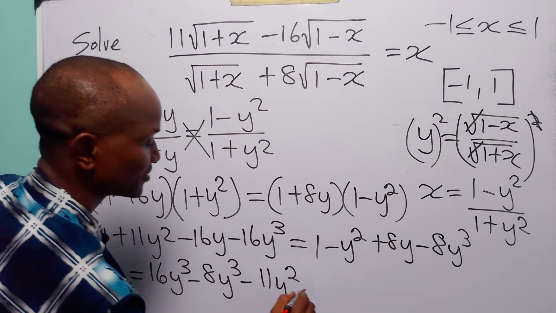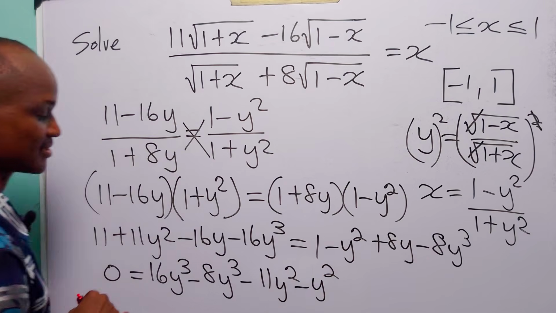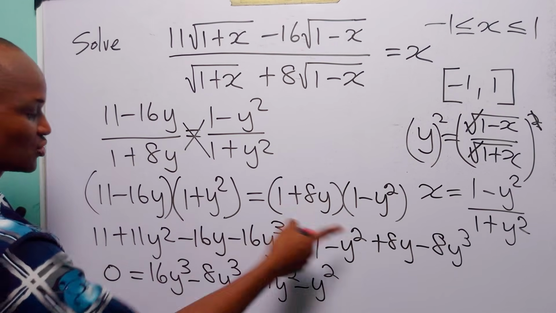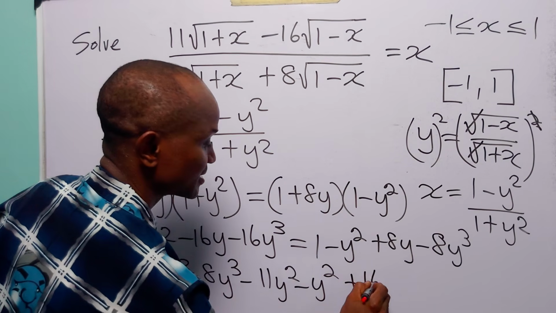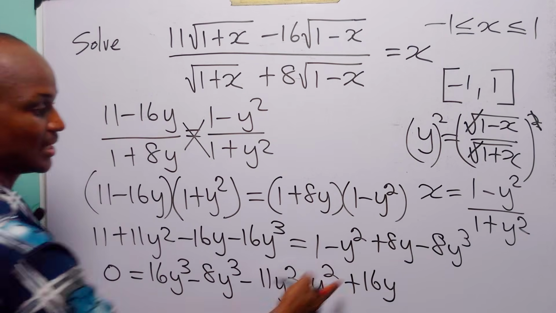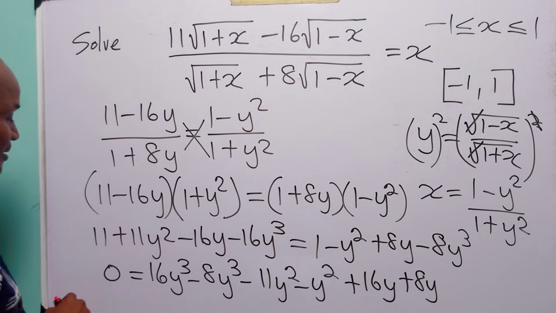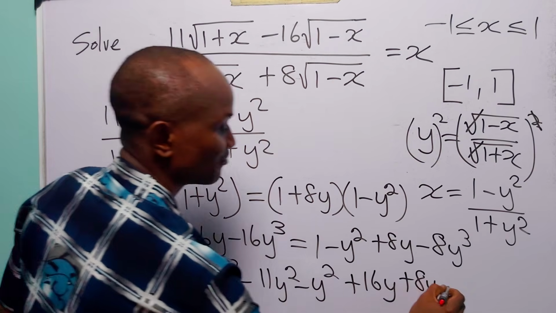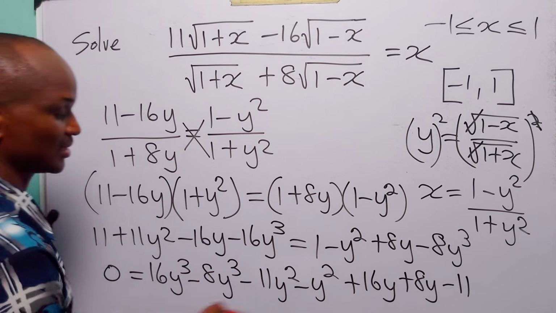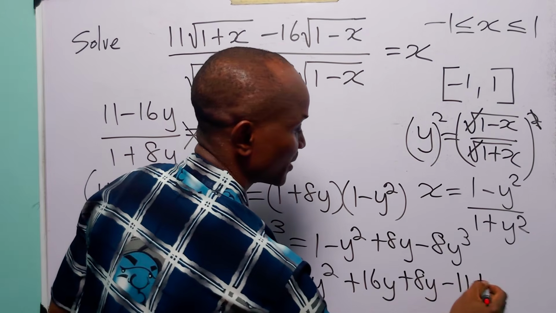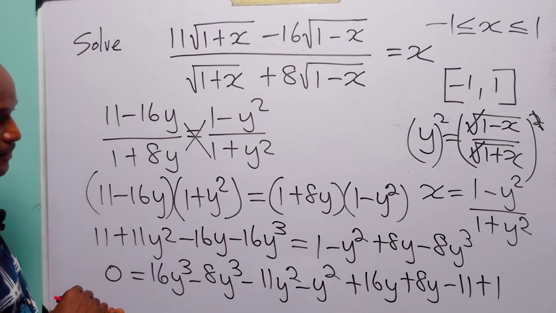This is already here, so we have minus y squared. This goes over and becomes plus 16y. This is already here, so we have plus 8y. Finally, this goes over and becomes minus 11. This is already here, so we have plus 1.